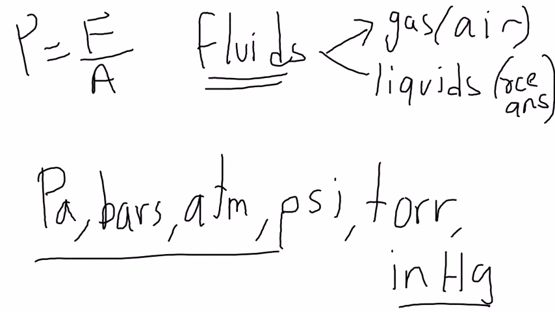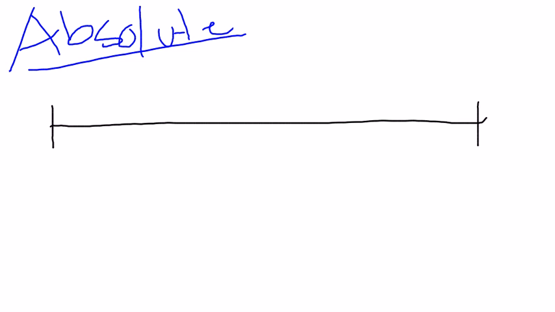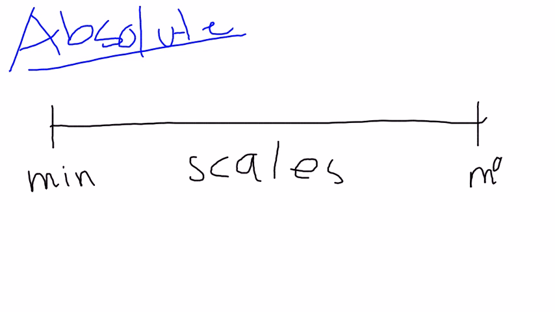Let's talk first about the absolute pressure. What is the absolute pressure? When we measure things, we usually use scales, right? Sometimes our scales have a minimum and a maximum, such as in exams, where you have 0 as the minimum and 10 as the maximum.